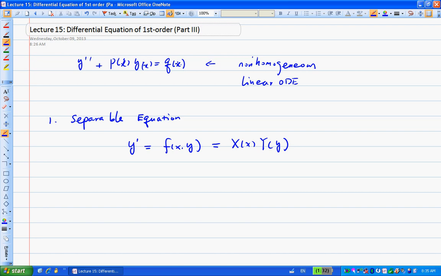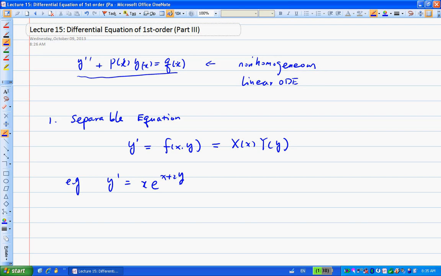Now, what is the connection between this kind and this kind here? There's a connection, but first of all, you need to understand that when you have this kind of differential equation, it's linear. But when you have this so-called separable one, it doesn't necessarily have to be linear. For example, I have y prime equal x e to the power of x plus 2y.